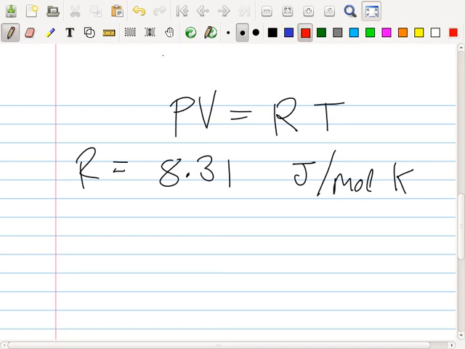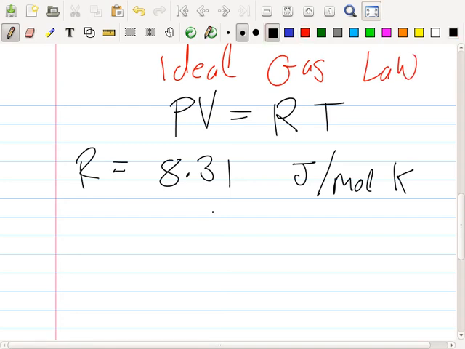This is called the ideal gas law. It doesn't work for every gas, but it works pretty well for a lot of gases.